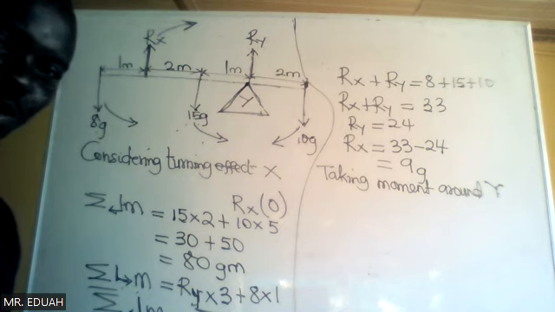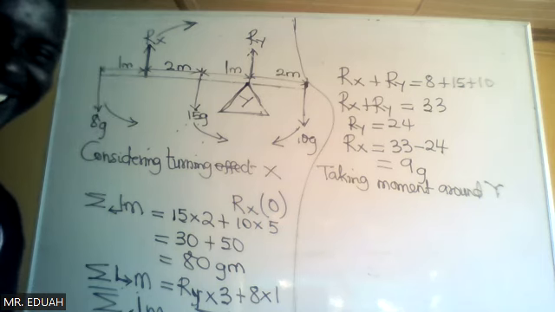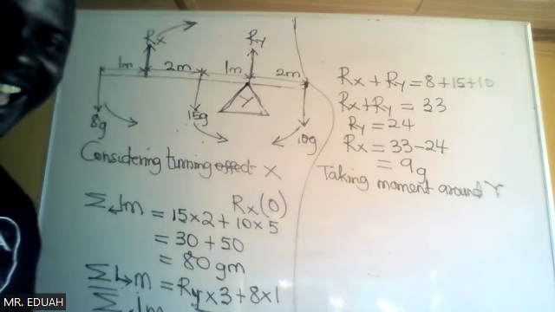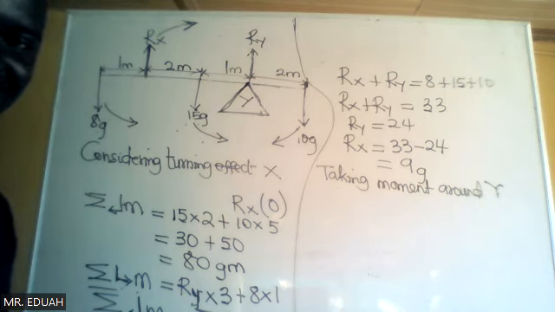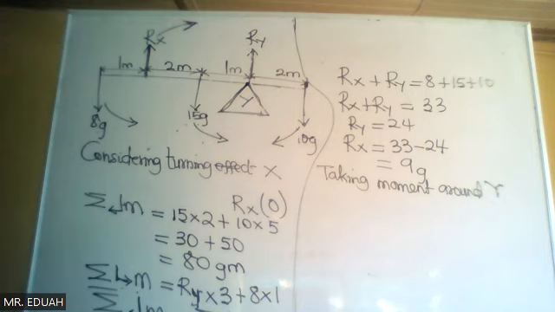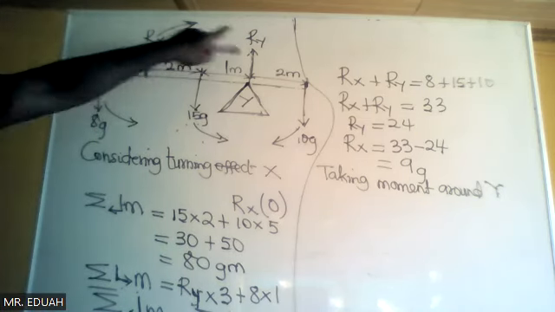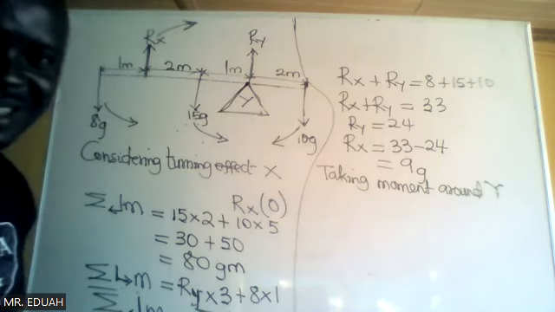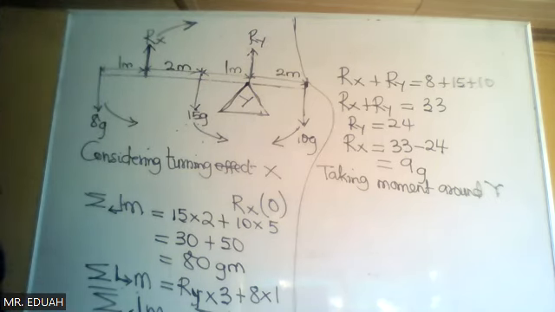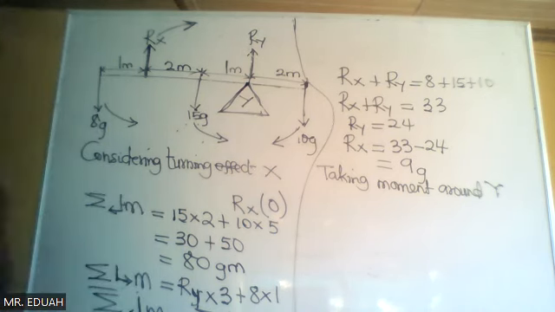Who is Mr. Hackman? Equia, what will it produce? I mean Ry. Will it produce clockwise or anti-clockwise? Why is it clockwise?